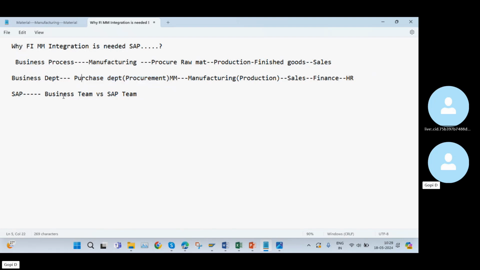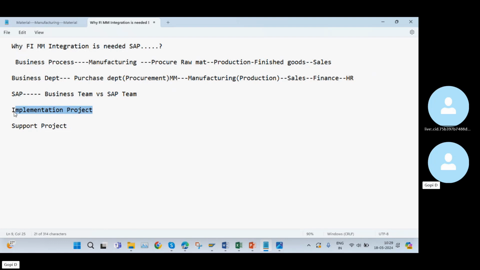Under the business, the purchase department or the procurement department is responsible for the procurement things. And in this SAP scenario, there are two scenarios. One is at the time of the implementation project. The next is at the time of the support project. So we need to understand these two points.